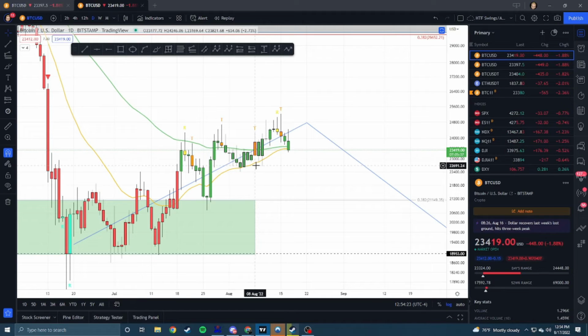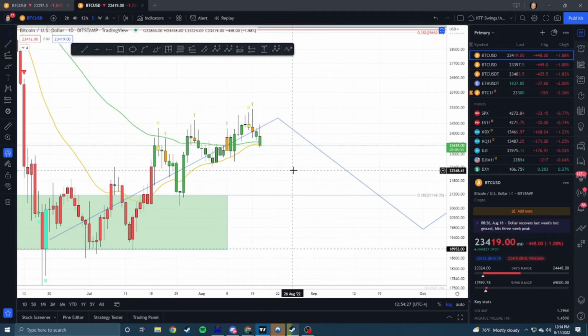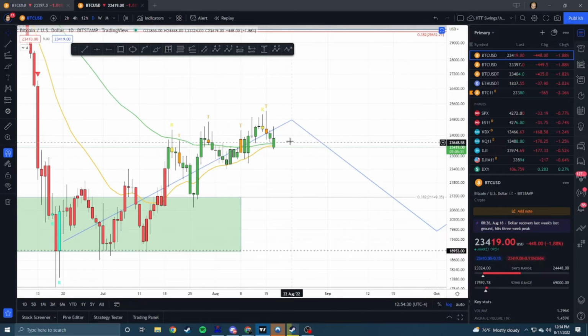But what is interesting now, with today's price action, and part of the reason why I'm making this video now, is that the daily candle is actually dipping below the 21 and the 55 EMA. And remember, this is on the daily, so these are pretty significant levels. Therefore, I think today's daily closure is going to be relatively important.